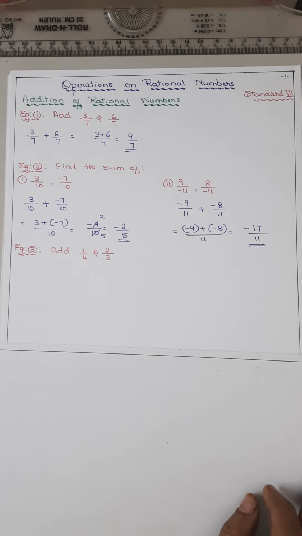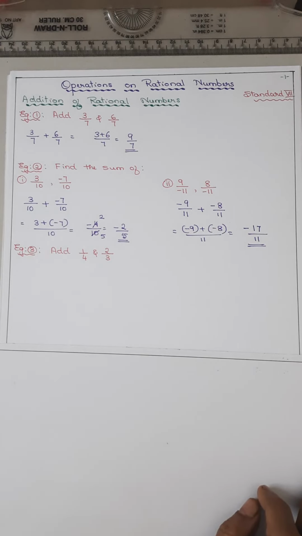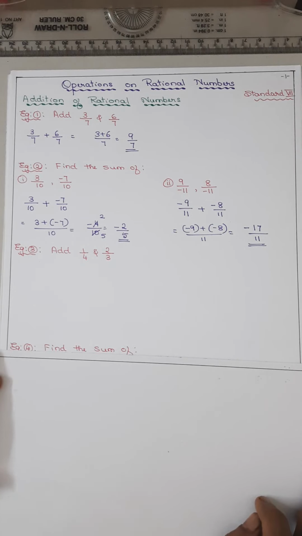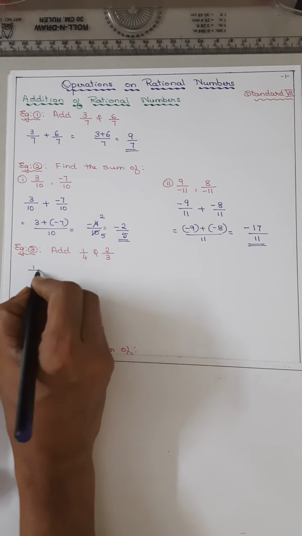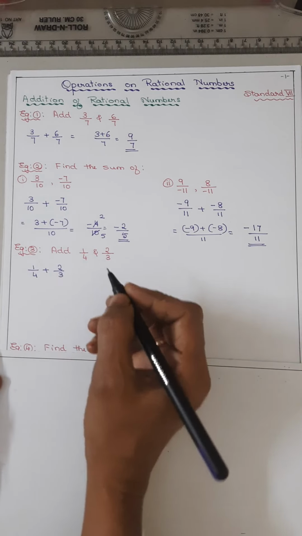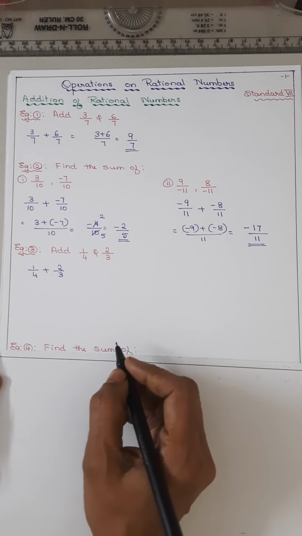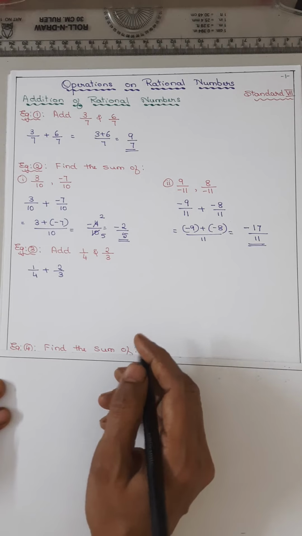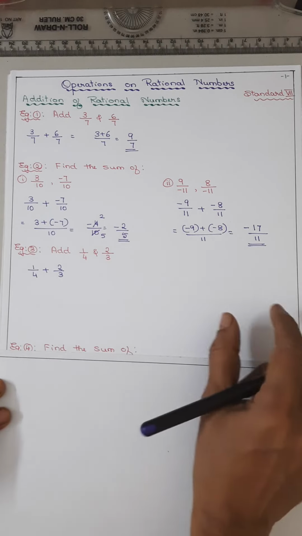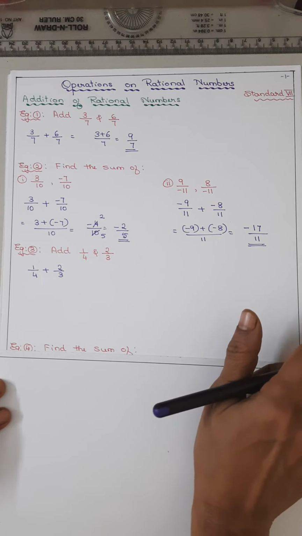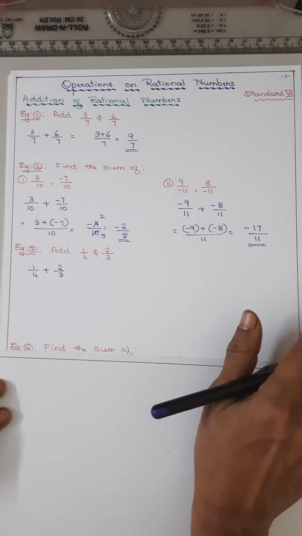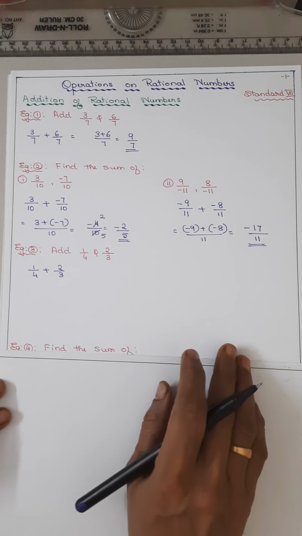In first and second the denominators are the same. But now the denominators are different. So 1 by 4 plus 2 by 3. Denominators are different. So in lower classes you used to find the LCM, then convert each into the equivalent fractions, and then you used to add.